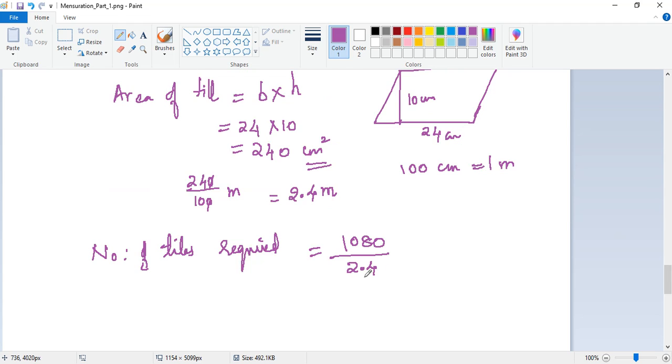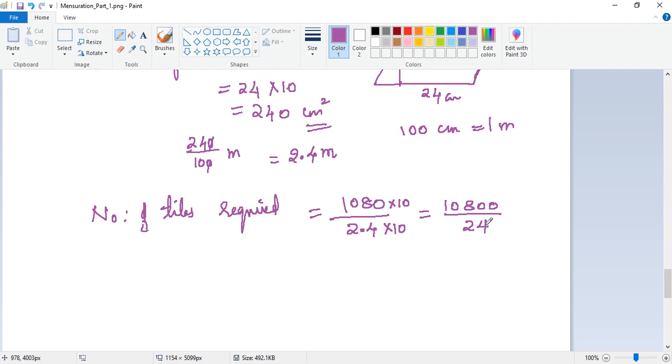If you want to get rid of the point, you can multiply by 10 on both sides, because we need to get rid of the 4 here. So this gives you 10800 divided by 24. Now you can simplify it. 6 fours are 24.